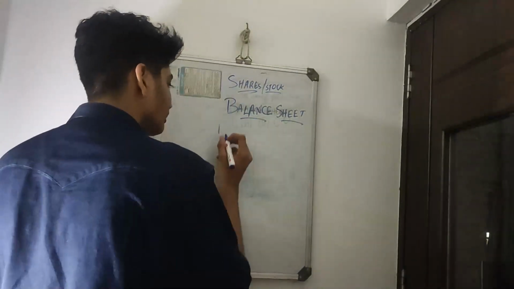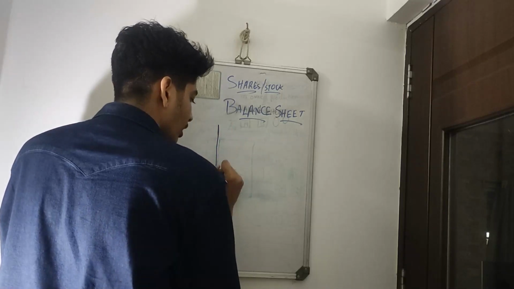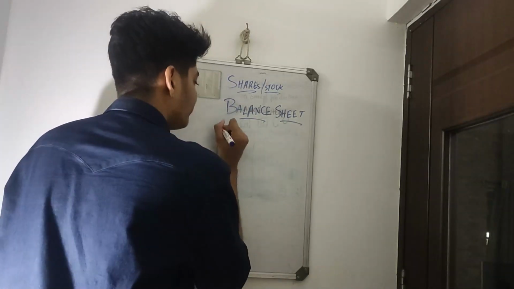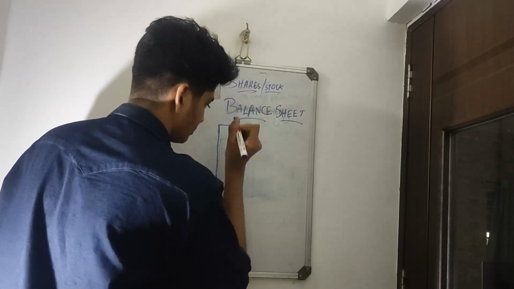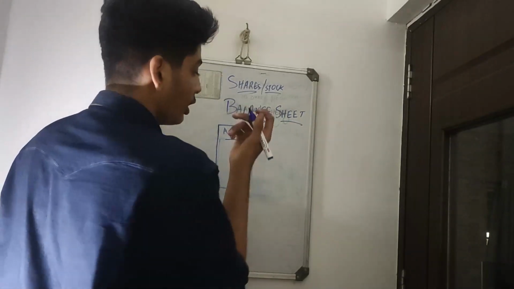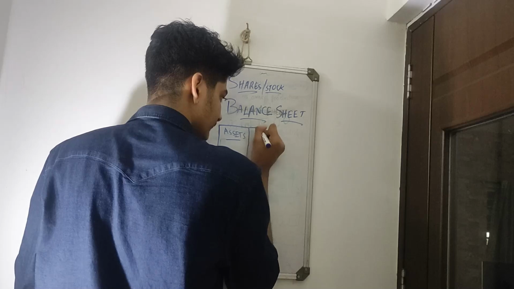So generally, a balance sheet looks something like this. On the left hand side, you have the assets. On the right hand side, you have the liabilities.